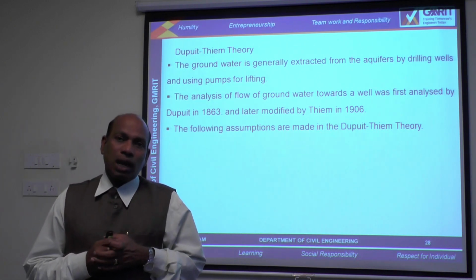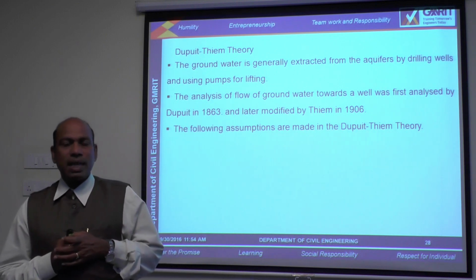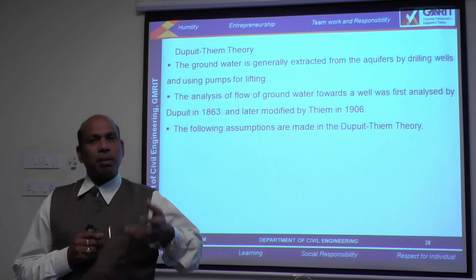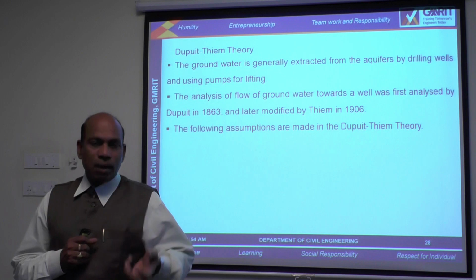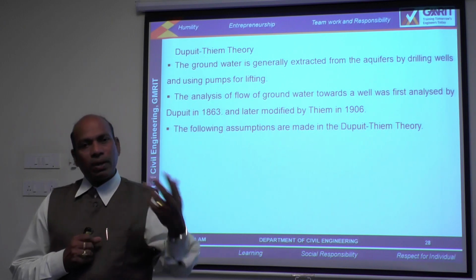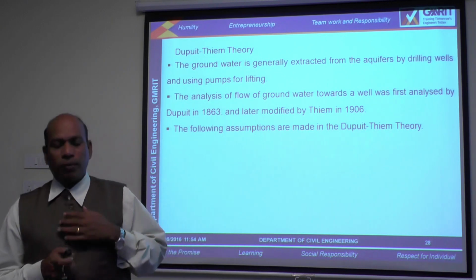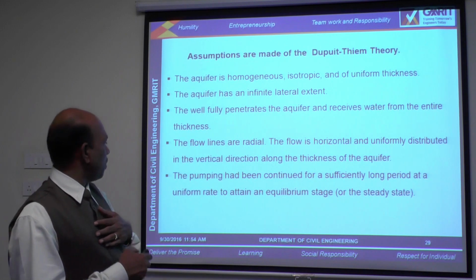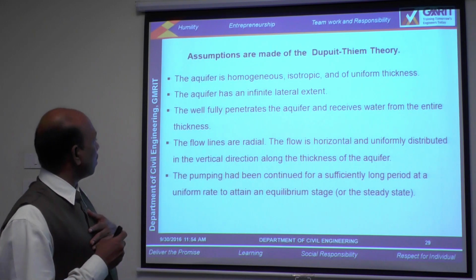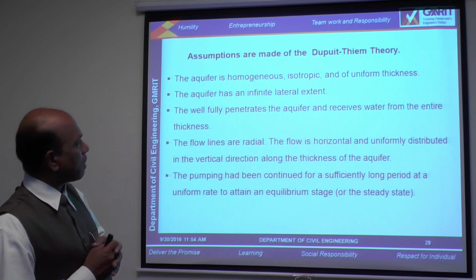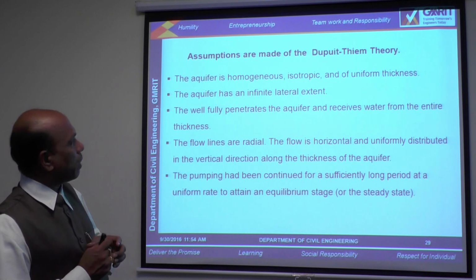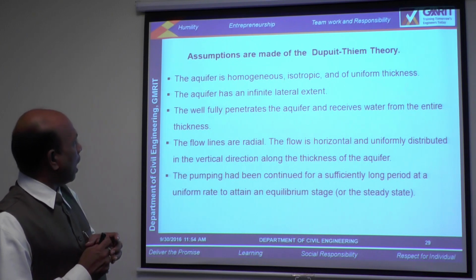In their theory, they have given some assumptions and important points for the extraction of water from the confined aquifer as well as the unconfined aquifer. The aquifer is homogeneous, isotropic and of uniform thickness. The aquifer has infinite lateral extent.